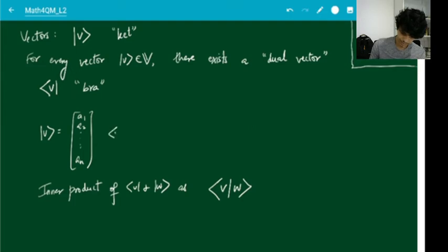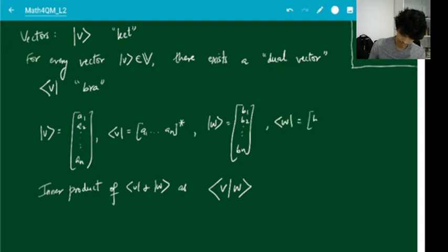This is V, so the bra of V is a1 to an complex conjugated. Similarly, let's say there is a vector W whose components are b1, b2, up to bn, and so the bra of W is defined as b1 up to bn complex conjugated. Then the inner product of bra V with ket W is just the matrix product. So bra V is a1 to an complex conjugated, and ket W is b1 to bn.